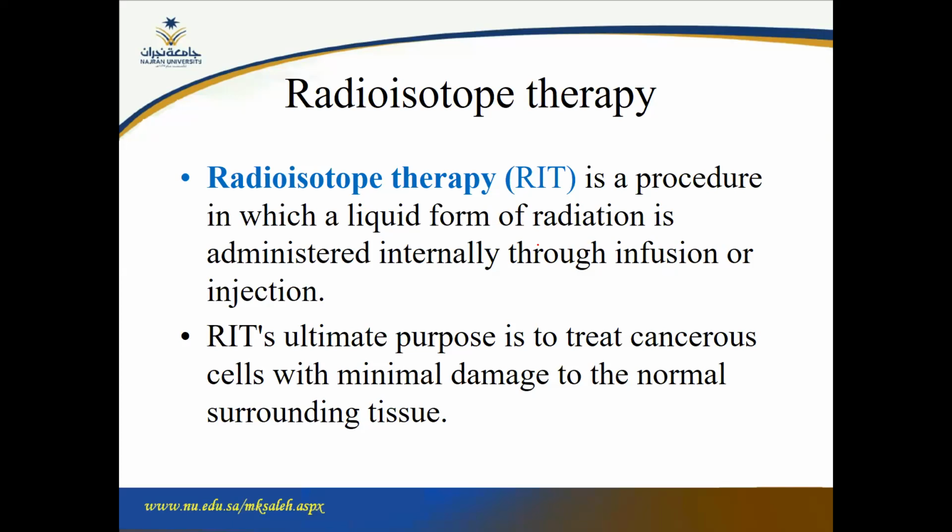Radioisotope therapy is a procedure in which a liquid form of radiation is administered internally through infusion or injection. And radioisotope therapy's ultimate purpose is to treat a cancerous cell with minimal damage to the normal surrounding tissue.